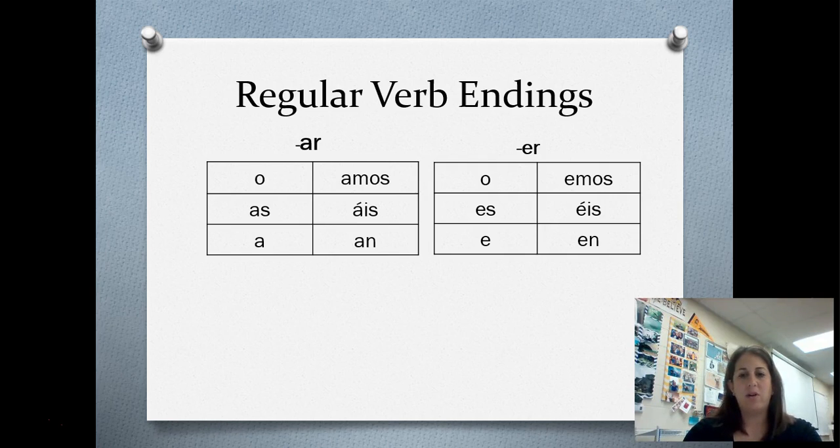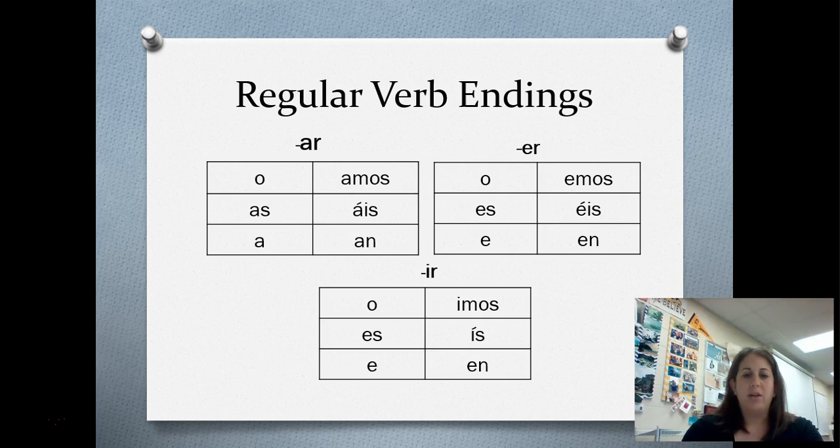And we've got an accent over the E in the vosotros because it's an ER conjugation. And then finally our IR verbs: o, es, e, imos, ís, and en. Notice that there are some patterns, and that all three of them have an O in the yo form conjugation. And notice that the ER and IR conjugations are very similar except the nosotros and vosotros.